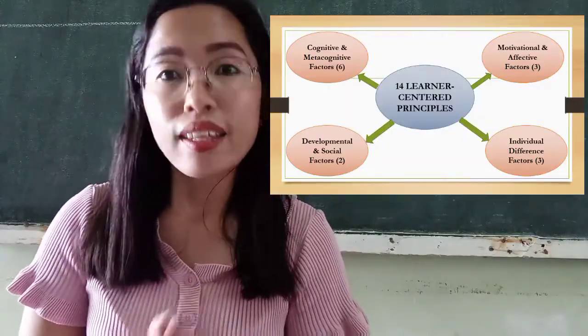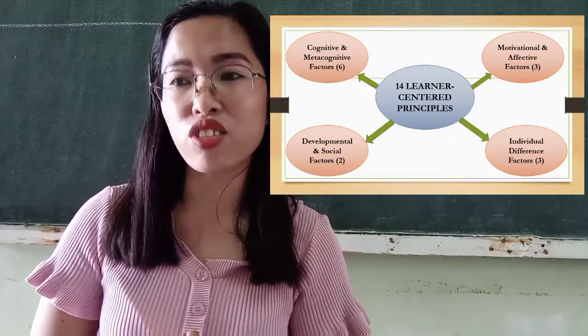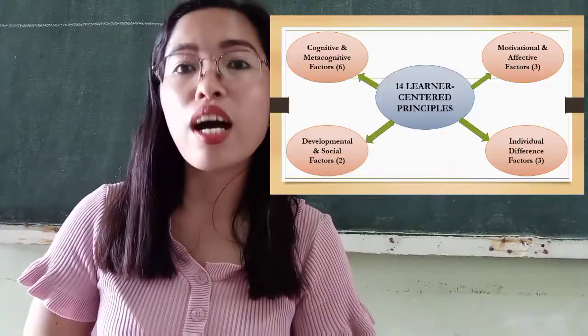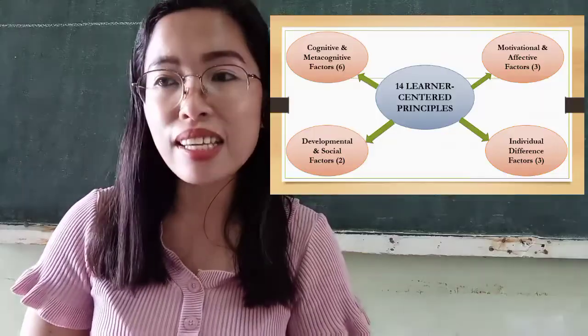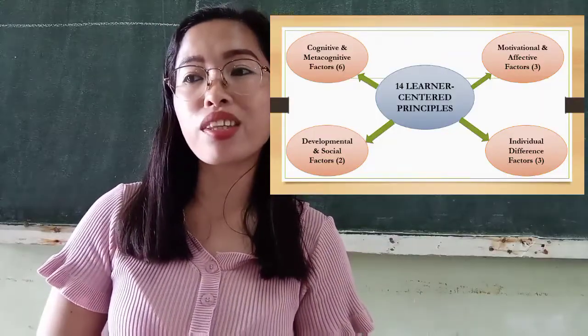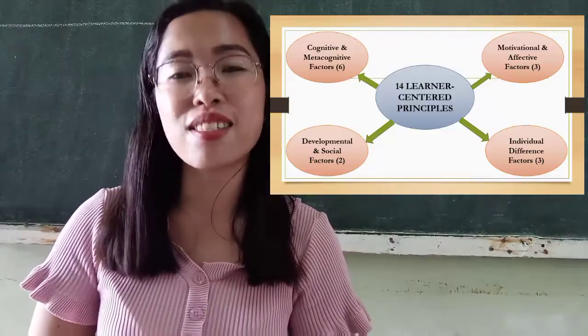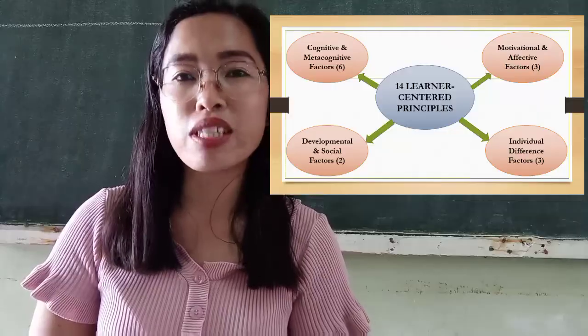There are 3 principles under motivational and affective factors. Then next will be the individual differences factors. Again, there are also 3 principles under it. Then lastly, the last category for the 14 learner-centered psychological principles is the developmental and social factors, and it has 2 principles.